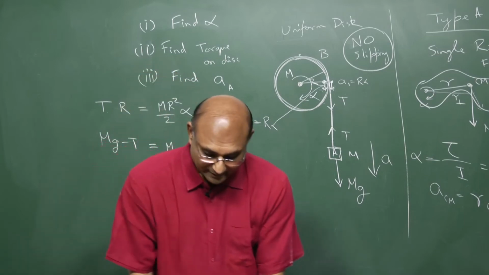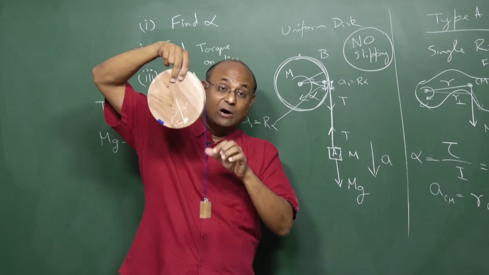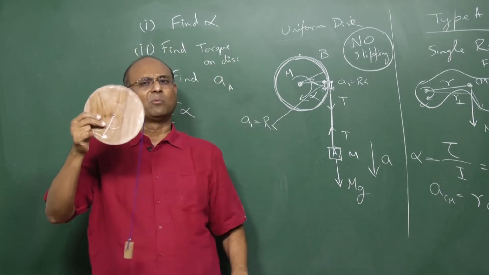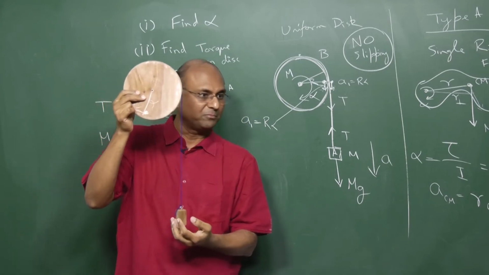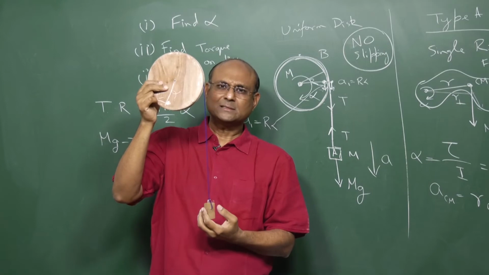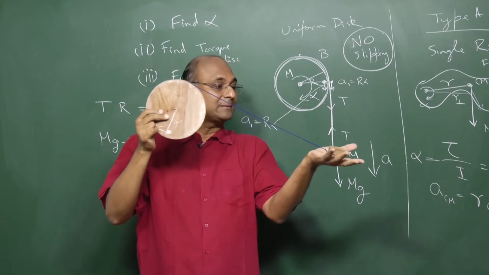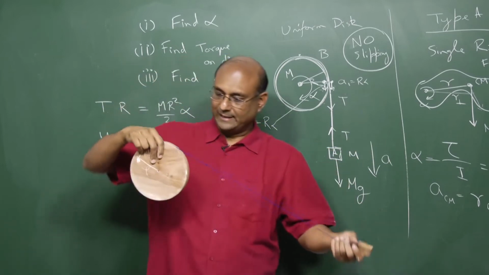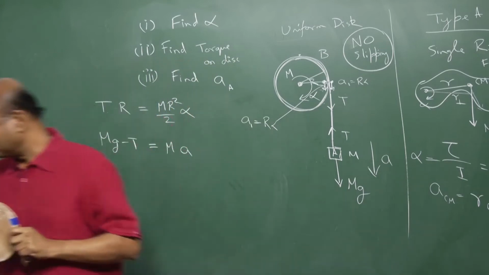Second, as the disk turns, this rope comes down. So the rope's acceleration is along the rope and the block's acceleration is along the rope. Isn't that always the case? No. Because if the block was like that, imagine that I am taking something and I am dragging. So if I am pulling something, okay, let us see. I will show it to you with maybe a surface.